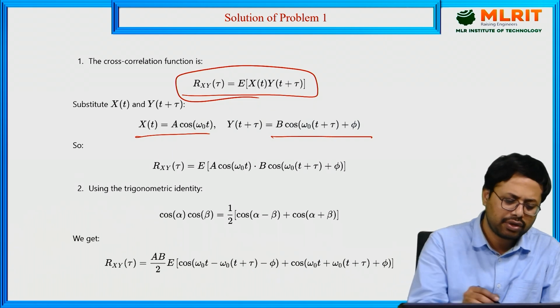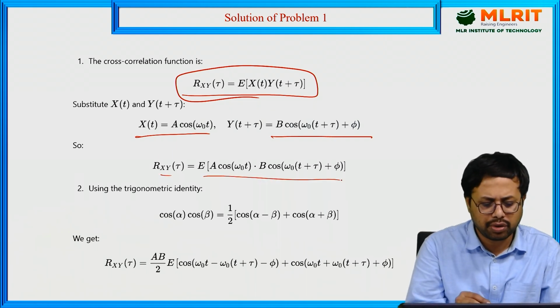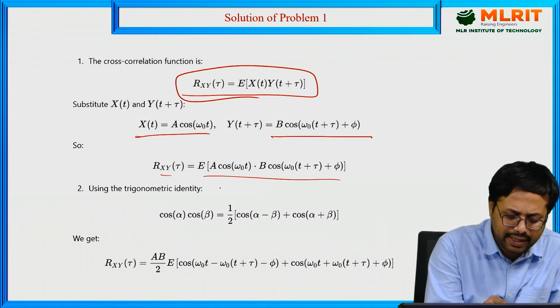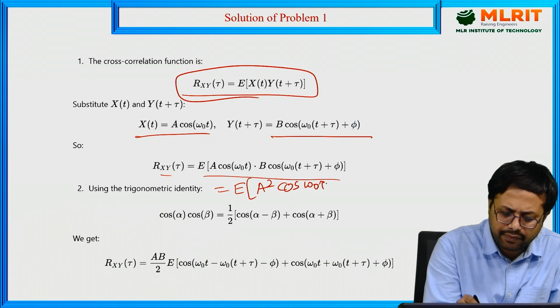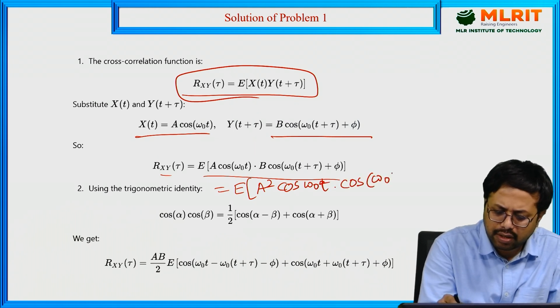Then what you have to do? We have to apply the product of both. When you apply the product of both, what you are going to get is the expectation of A B into cos omega naught t into cos omega naught t plus tau plus phi.